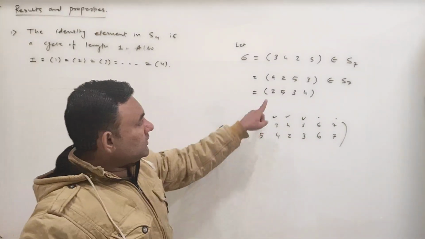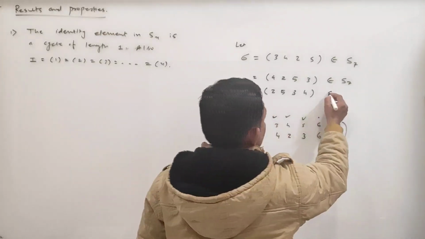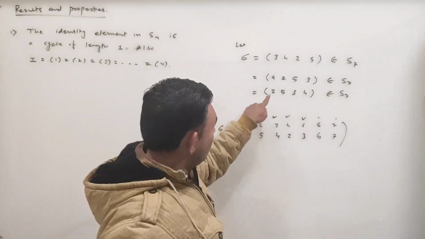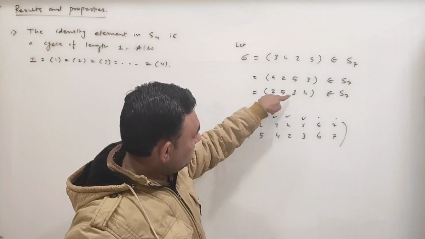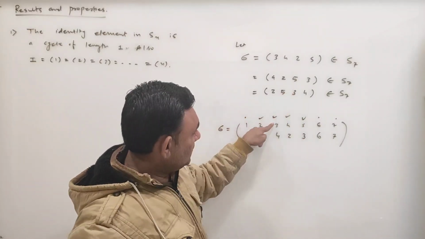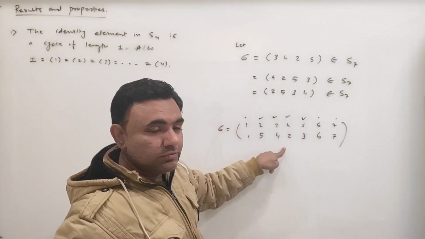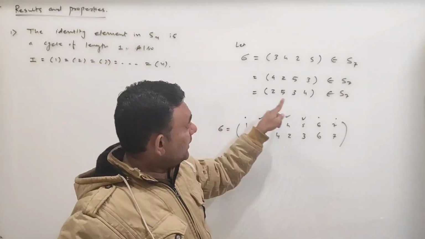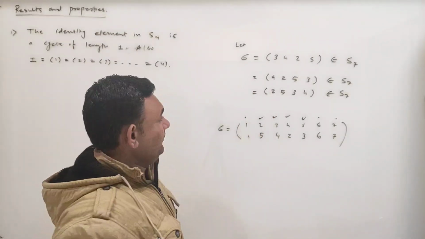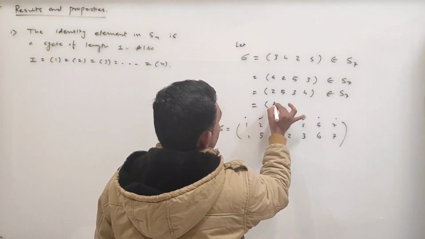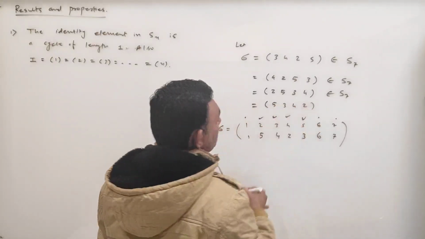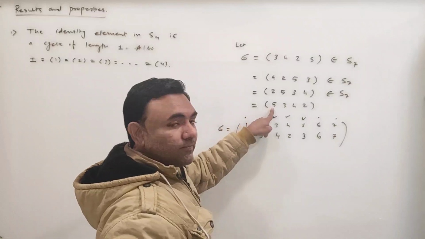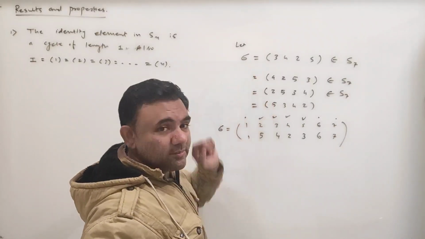This is also a cycle of S7, and it represents: image of 2 is 5, image of 5 is 3, image of 3 is 4, and image of 4 is 2, and the remaining are as they are. So again this represents the same sigma. Let me write it in this way also: 5, 3, 4, 2. So again you can say this will represent the same sigma.